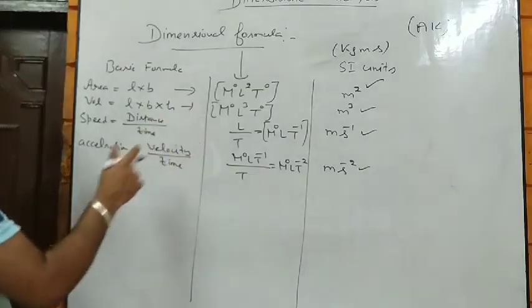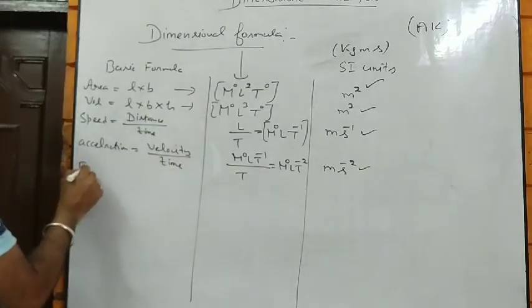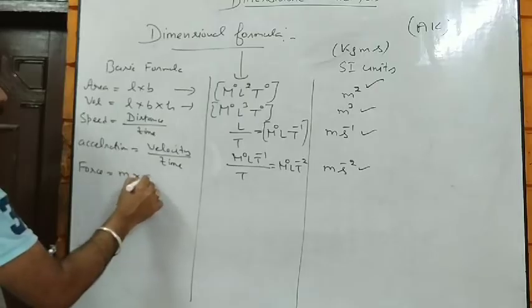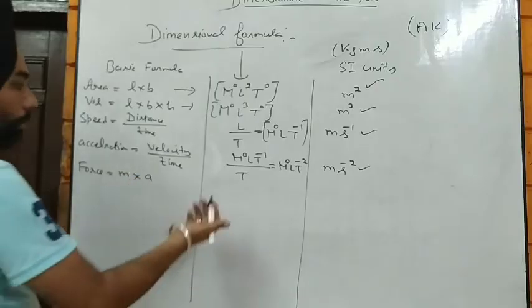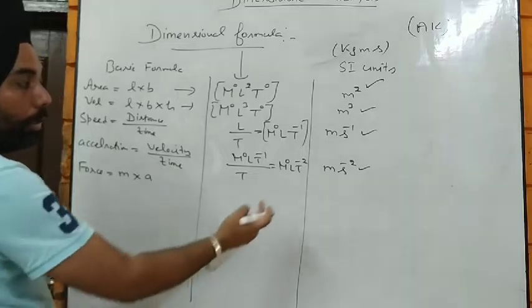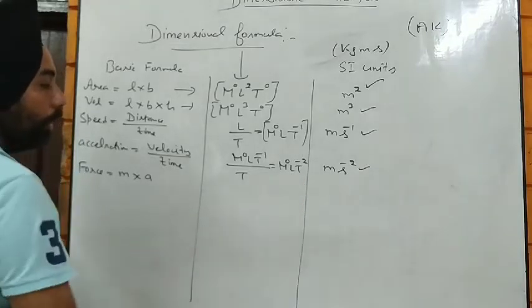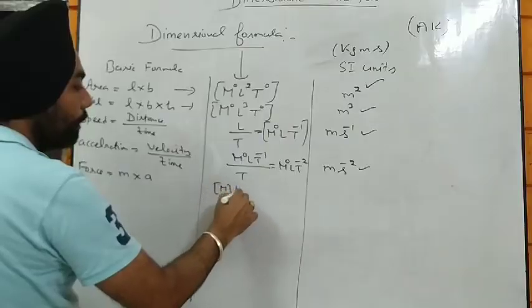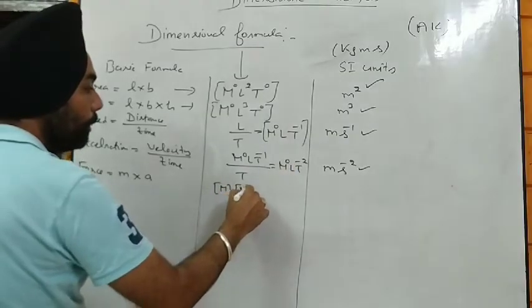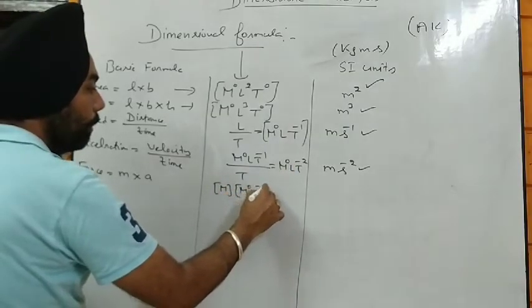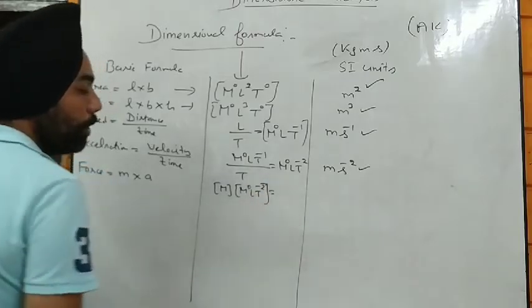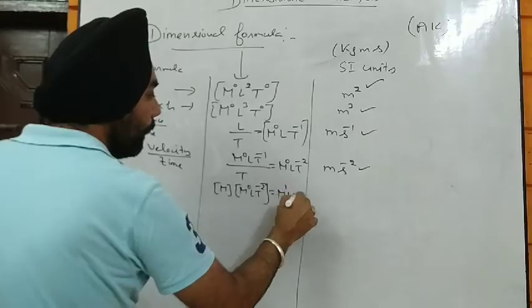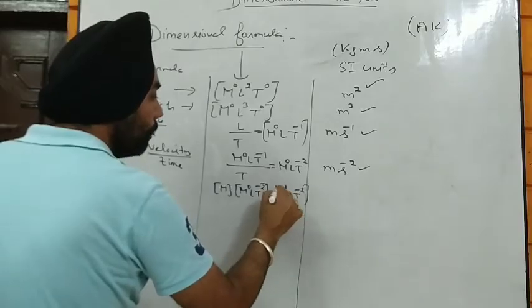Now the next one is going to be force. Force is mass into acceleration. Obviously we are having the units and dimensional formula of acceleration. Now just multiplying it with a mass, so that is acceleration, M^0 L T^-2. So the dimensional formula for force is M^1 L T^-2.